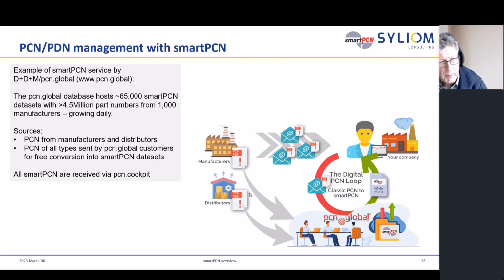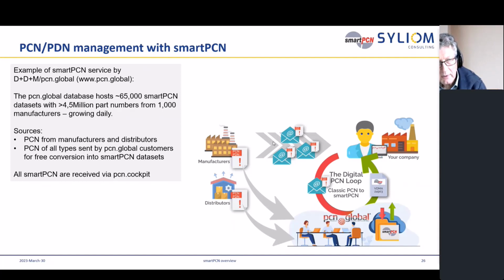The purpose of this company is to bridge between the time when every manufacturer provides smartPCN and now, where only a few have changed to provide smartPCN. So what they do is collect all the information from manufacturers and distributors they can get hold of, and they put all this information into a database, which is called, in this case, PCN Global.